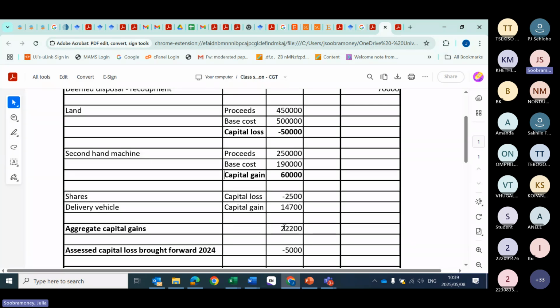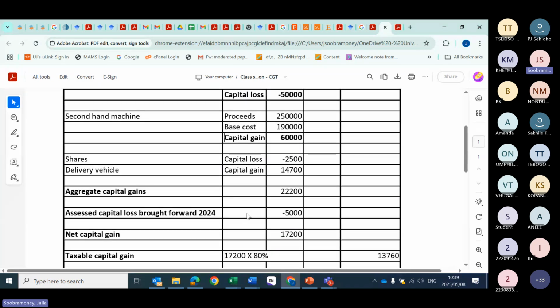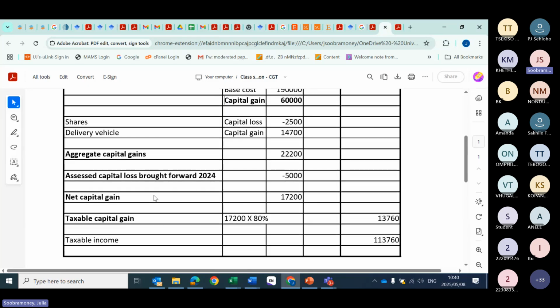Everyone with me? Now my framework says, was there any capital loss brought forward from the previous year? Yes, there was, right? In the question, what did it say? In the 2024 year of assessment, we had a capital loss. Okay. So what do we say? We say assessed capital loss brought forward from 2024 minus 5,000 Rand to give me my net capital gain of 17,200.